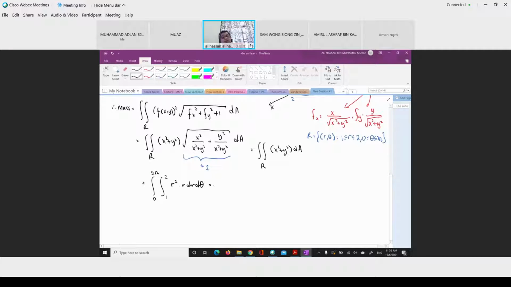So I can evaluate this double integral as a product of two integrals, because the limits are all numbers, and the integrand is a product of a function of r times a function of theta, which is a constant. So I can write this as the integral 0 to 2 pi of 1 d theta, then the integral from 1 up to 2 of r cubed dr.